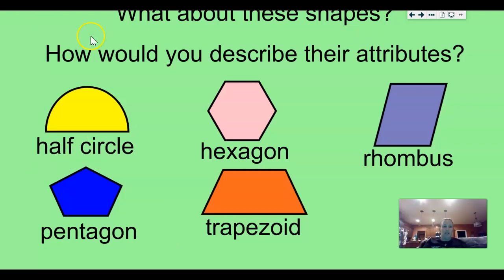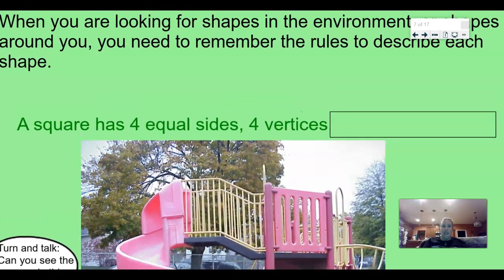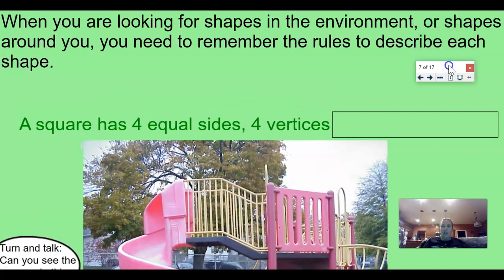See if we can find some shapes that are in a picture. It says when you're looking for shapes in the environment or things around you, you need to remember the rules to describe each shape.